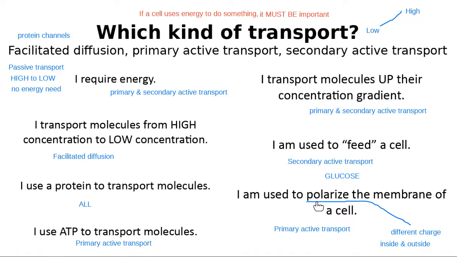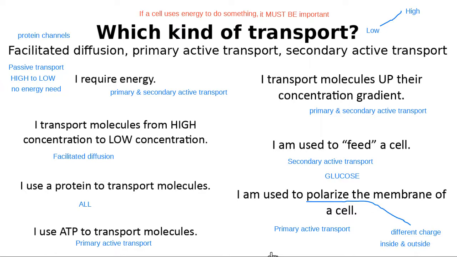That's correct, and that's a good review because we need to know that number for the exam. The inside is more negative than outside. At that point, we're using primary active transport to make ourselves be polarized, and we use primary active transport to stay there.